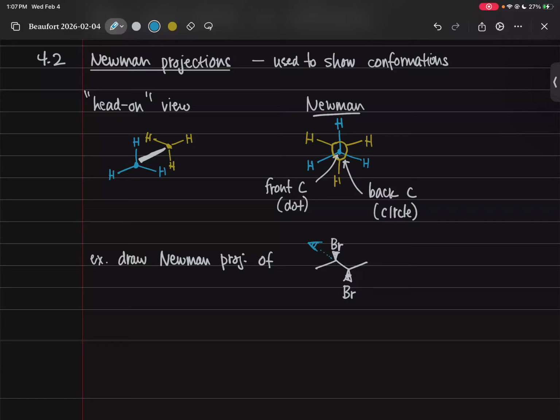Now, by process of elimination, what has to be on the back sides of those two central carbons? Hydrogen. We've got to have hydrogens there. So we can draw those in on our skeletal structure. These we said were methyl groups or CH3 groups. Got a bromine coming forward and a hydrogen going back.